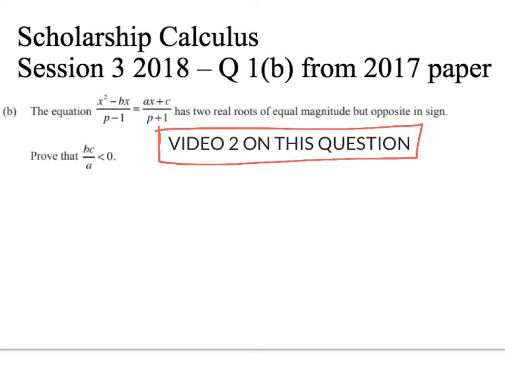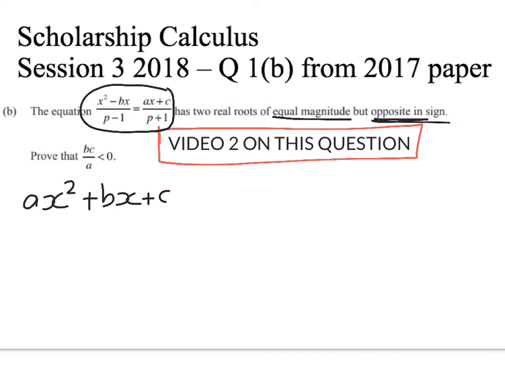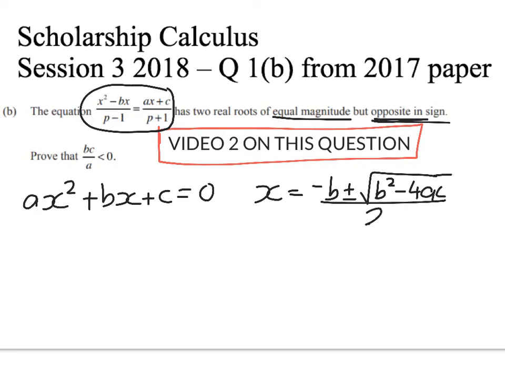Okay, so we've got this quadratic equation here, and it's got two real roots, and they're of equal magnitude, but opposite in sign. So we know that the roots of a quadratic equation can be written out like this. If the equation is in this form, then x is equal to negative b plus or minus the square root of b squared minus 4ac over 2a.